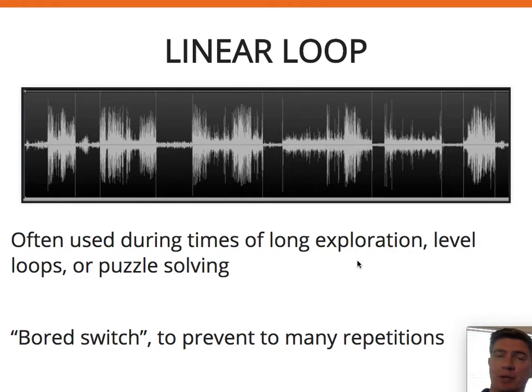It goes around once, loops and plays again, maybe comes around a third time, but before you hit that fourth time, before you've made the decision that this music is going to get repetitive and annoying, you might fade it out, a slow fade out to silence. At that point, the player would hear sound effects and ambiances. Maybe the player is running around the game world, so they hear footsteps and breathing.